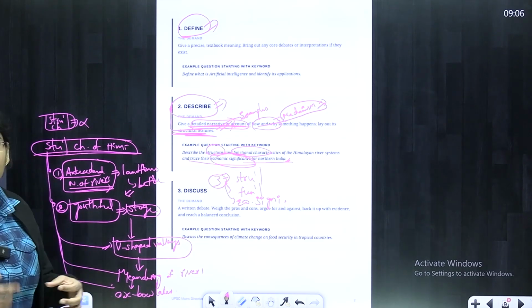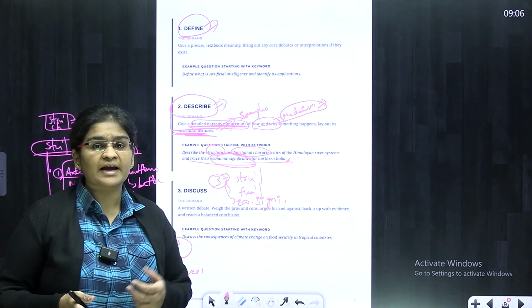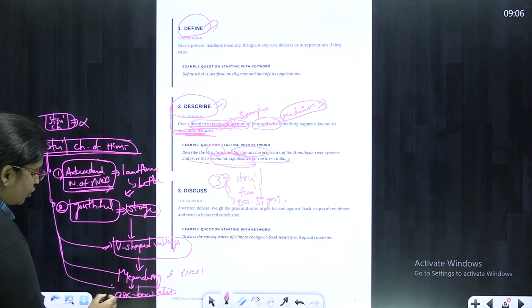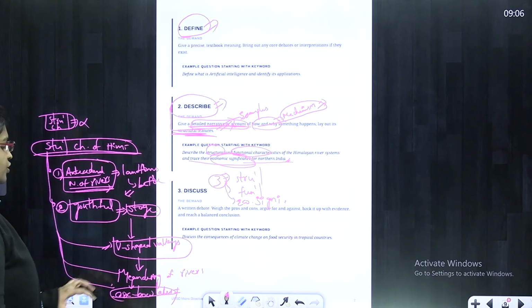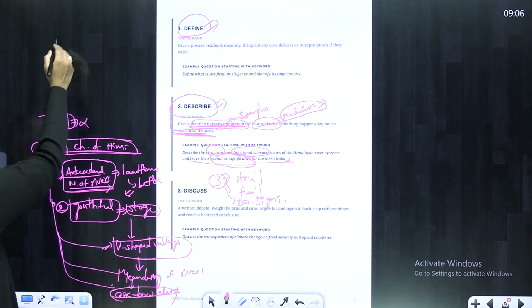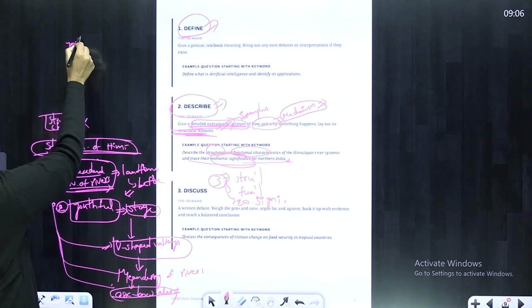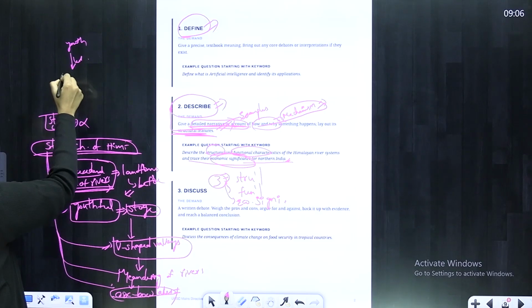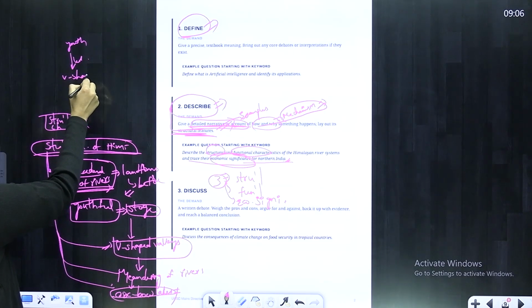One by one, I have linked how structural characteristics have led to the formation of this particular feature called oxbow lakes. So you can diagrammatically represent this as: youthful stage of rivers has led to the formation of V-shaped valleys.